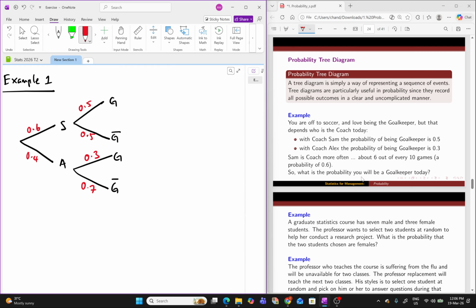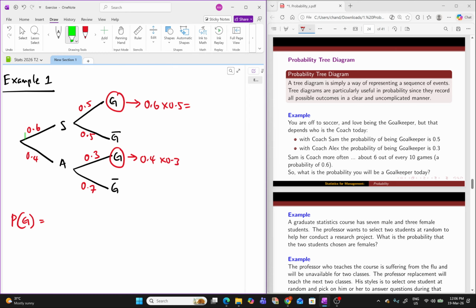What is the probability you will become a goalkeeper? So we want the probability of goalkeeper. The probability of S is this one, the probability of A is this one. If I want the probability of G, take this one and this one. 0.6 multiply 0.5, 0.4 multiply 0.3.